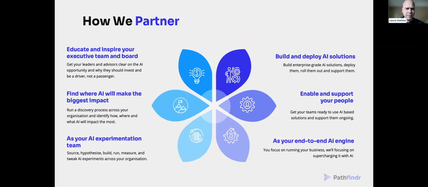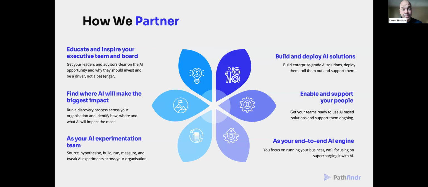There are 6 ways that we're partnering with customers at the moment, ranging from, top left, board and C-suite education training sessions. We run that quite regularly. Find where AI will make the biggest impact in your business. We have a process which we use AI with to understand where AI will make a huge impact. The fun starts for us when we start running very targeted experiments. We then build and deploy AI solutions for companies, particularly for those that don't intend to ever have their own AI engineers.